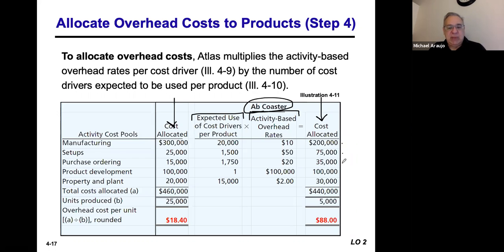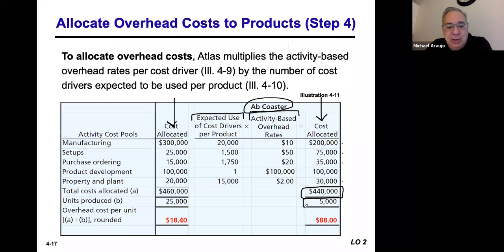Purchase orders of 35,000 versus 15,000 for the ab bench, right? And there's more square footage necessary. So it's $30,000 cost allocated. So actually all those ab coasters cost $440,000 to create.